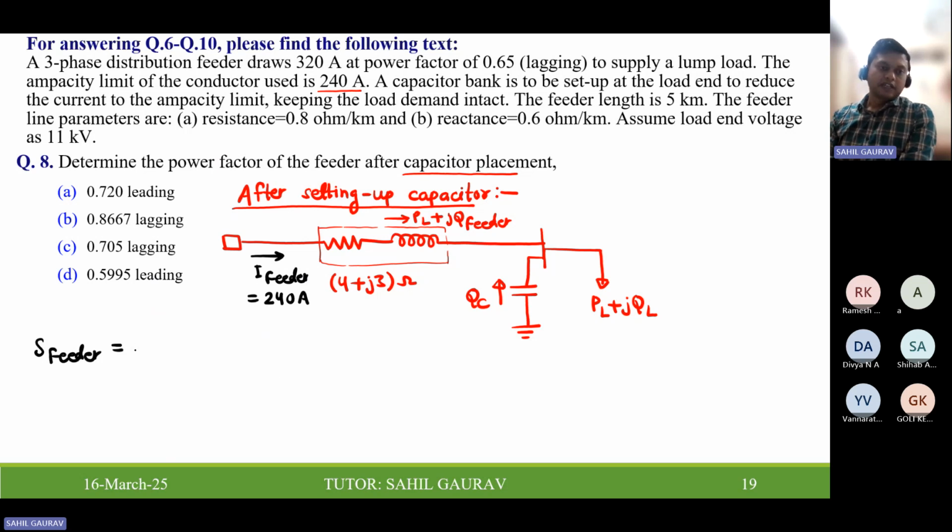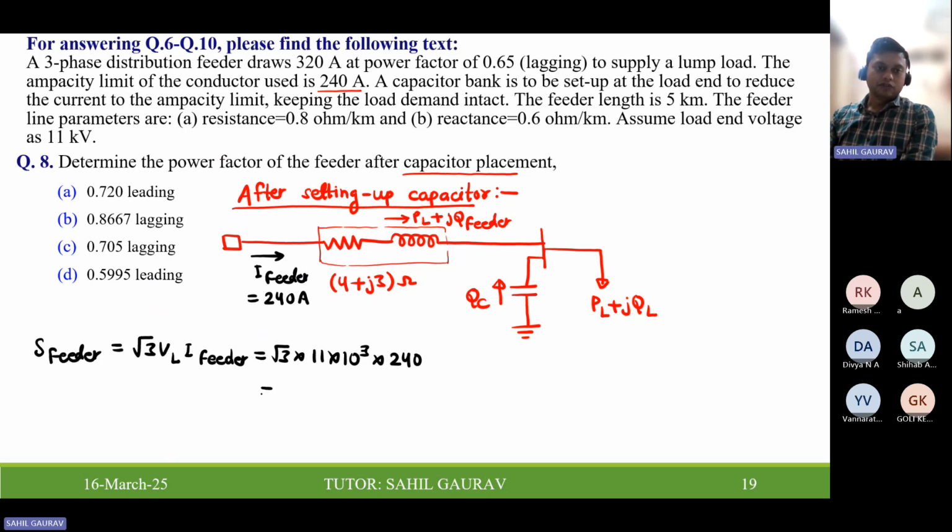So you can easily find apparent power flowing from the feeder is root 3 VL I feeder. So root 3, VL is 11 kV and I feeder is 240 ampere.